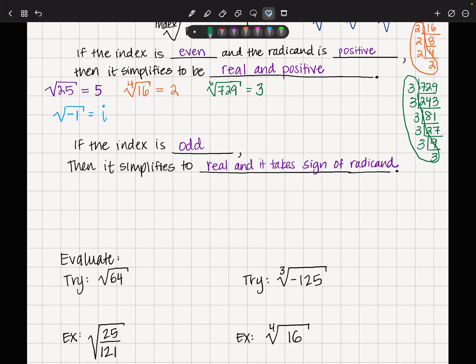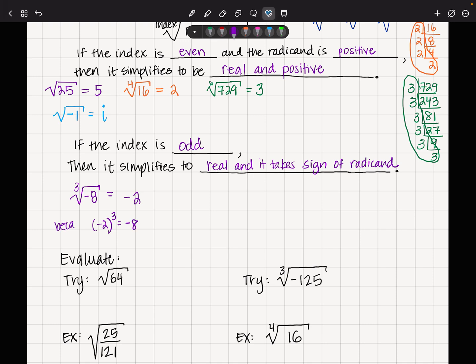Example, we've got the cubed root of -8. Odd index, so a negative radicand is allowed. The cubed root of 8 is 2, take the sign of that radicand, and we get -2. And that's because -2 times itself 3 times is -8.